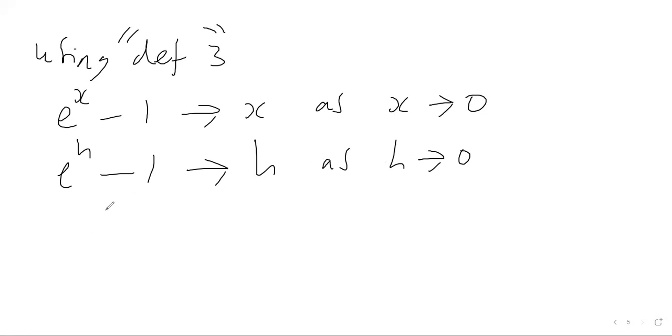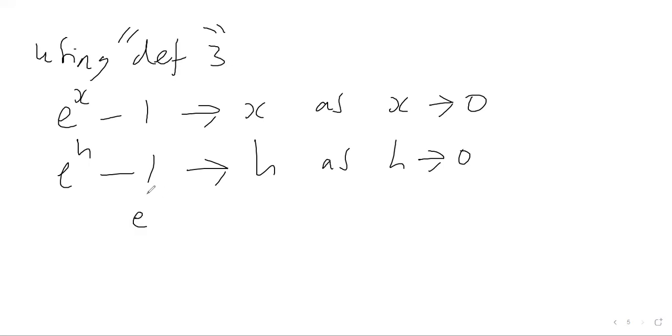So what that means is that when h is a small value, this function here is essentially the same as this function here. And when you divide two functions or two numbers which are essentially the same, you're going to get the number 1.